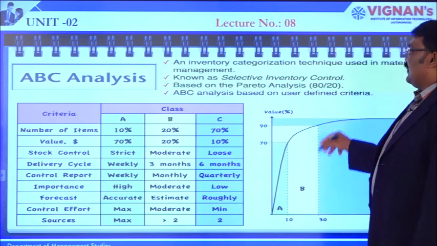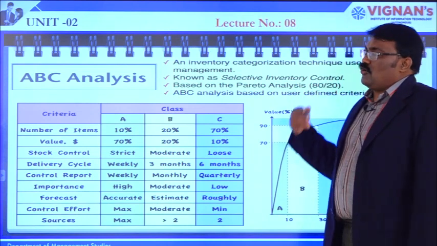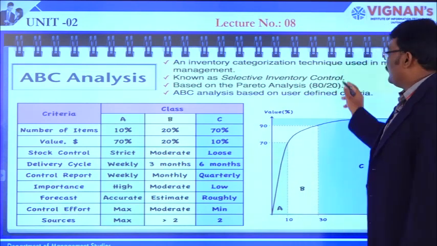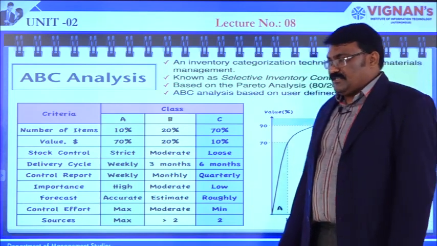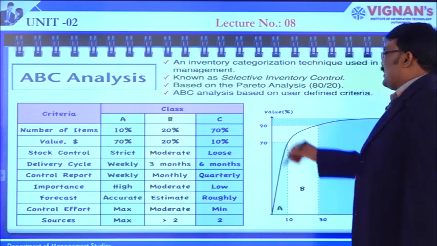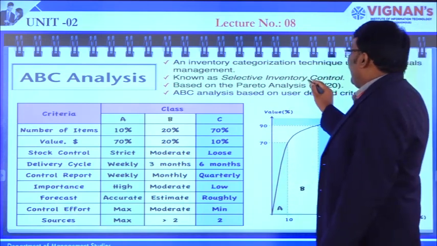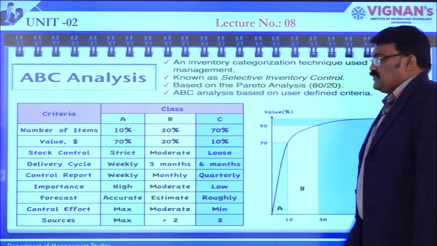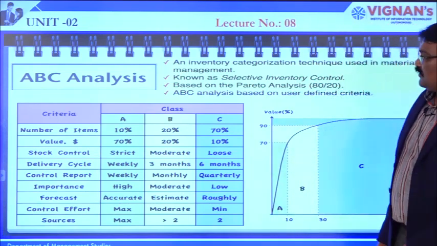This is mostly analyzed using Pareto analysis, which is called the 80-20 principle. So, the ABC analysis is also taken into consideration based upon value, which is called ABC analysis as such.